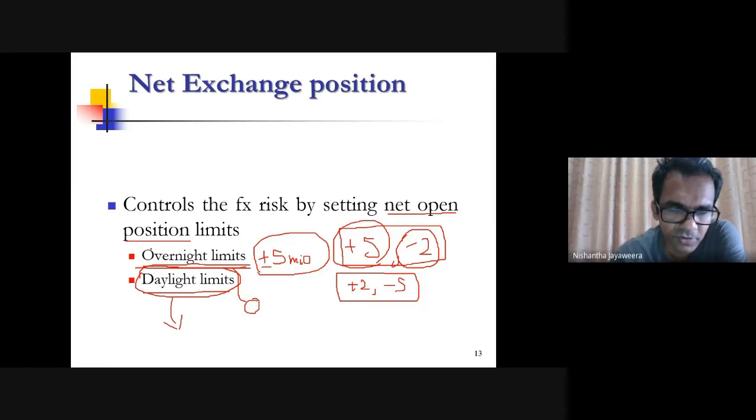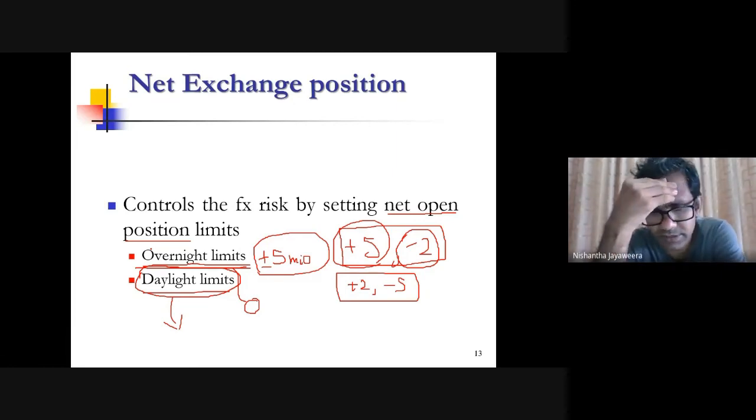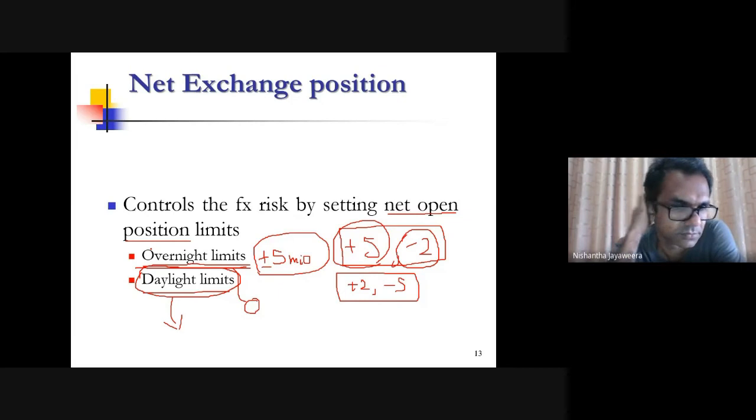He has to get the approval from the higher authority, or a trader who has the limit should do the transaction. Anything else?